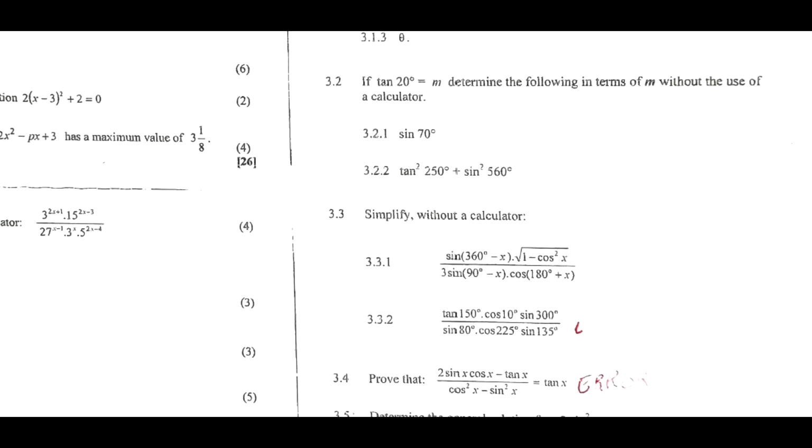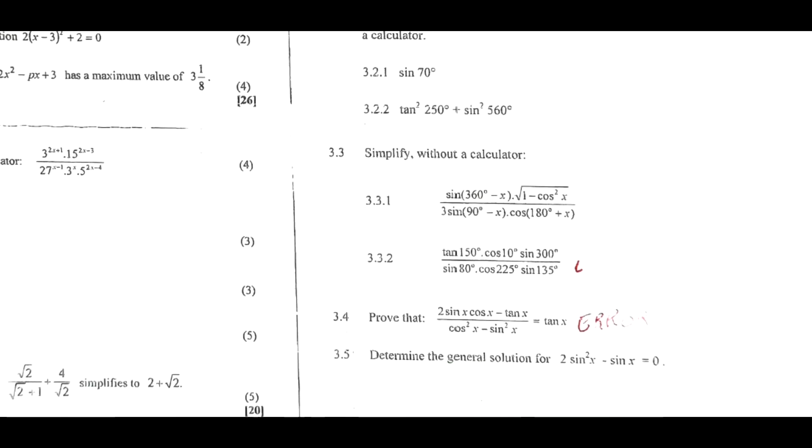We've got 3.3.1, then we've got 3.3.2. Then 3.4, we are required to prove that (2 sin x cos x - tan x)/(cos²x - sin²x) = tan x.